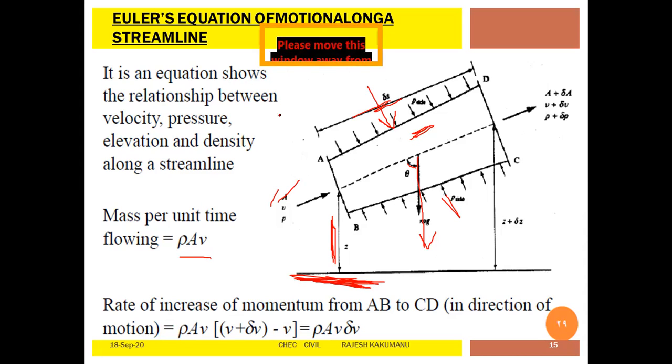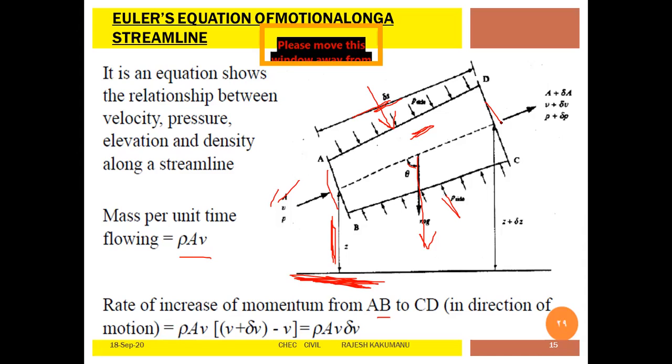What's happening here? The rate of increase of momentum from section 1, AB, to section 2, CD, in the direction of the motion is equal to rho A V, taking rho A V common, times the change in velocity, V plus dou V minus V. After simplifying, what value do you get?